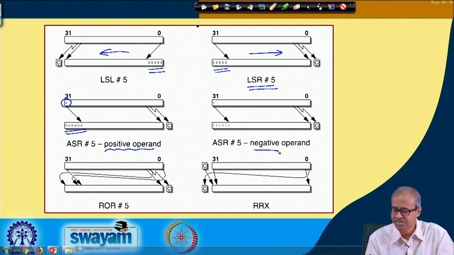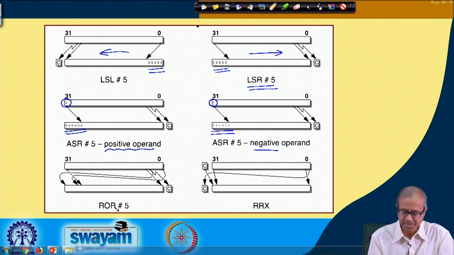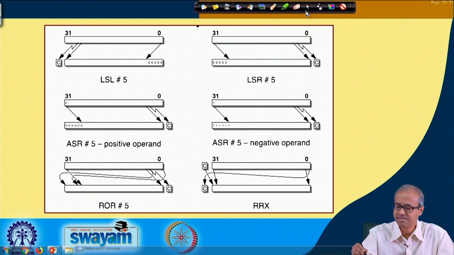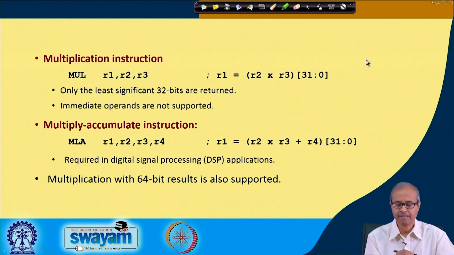But if the number was negative, which means the most significant bit was 1, then ones will be added on the left side. And rotate right, as I had said, whatever goes out of the register will get inside here. So, you are rotating. And rotate extended means along with the carry flag, as I had said, it will be a 33 bit rotation. Okay. These are the various options.